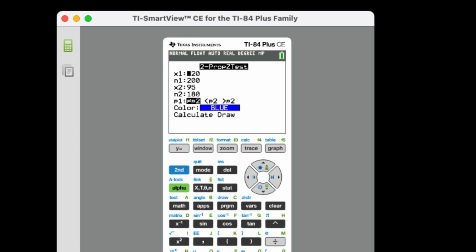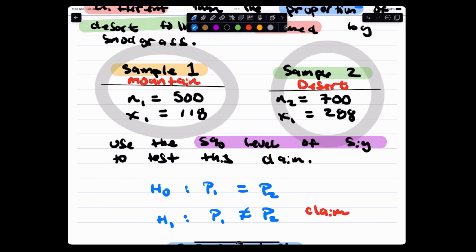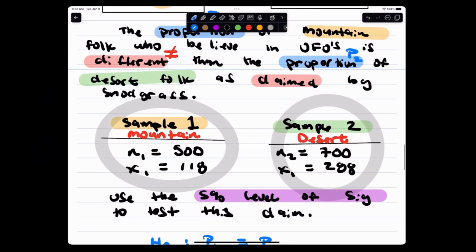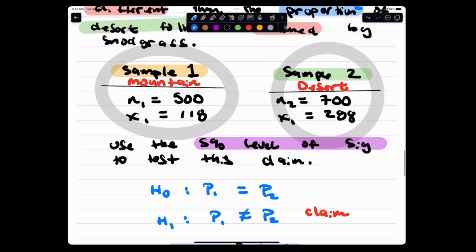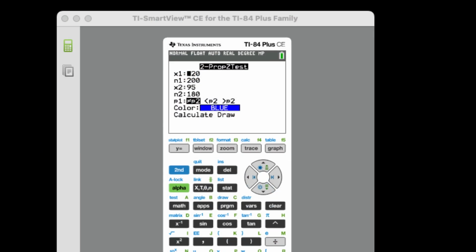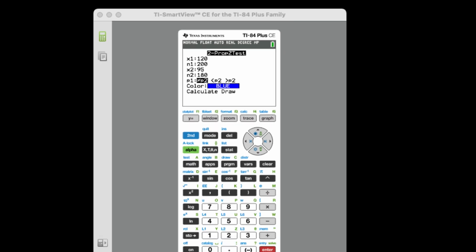Okay, put in your sample information. So for the mountain people, what's the successes? Notice again, they gave it to us this way, without words. And when they do that, I like that, because who wants to write everything down, right? So let's enter the information, okay? You're going to get 118 divided by what? 500.